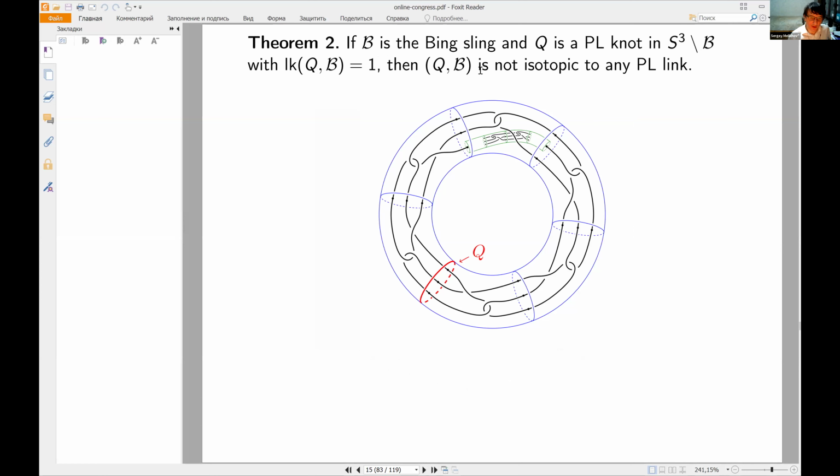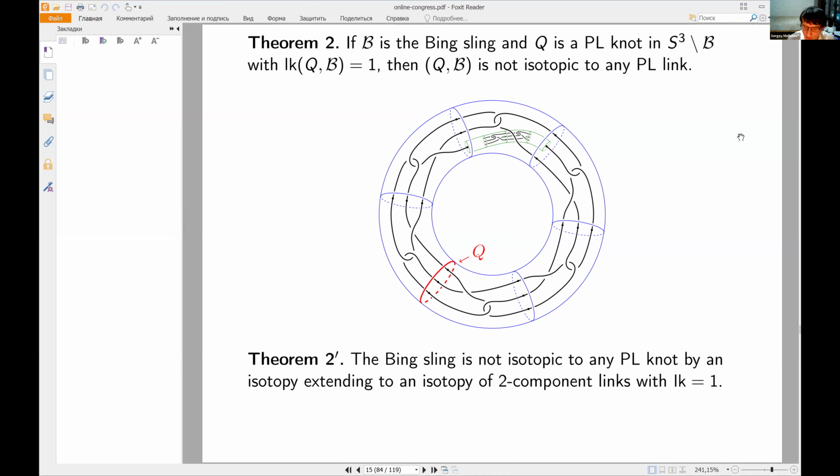Then this pair, this two-component link, is not isotopic to any PL link. So I cannot show that the Bing link itself is not isotopic to a PL knot, but I can do that if you manage to insert a PL knot which links it with linking number 1 and keep it through the isotopy, also by an isotopy.